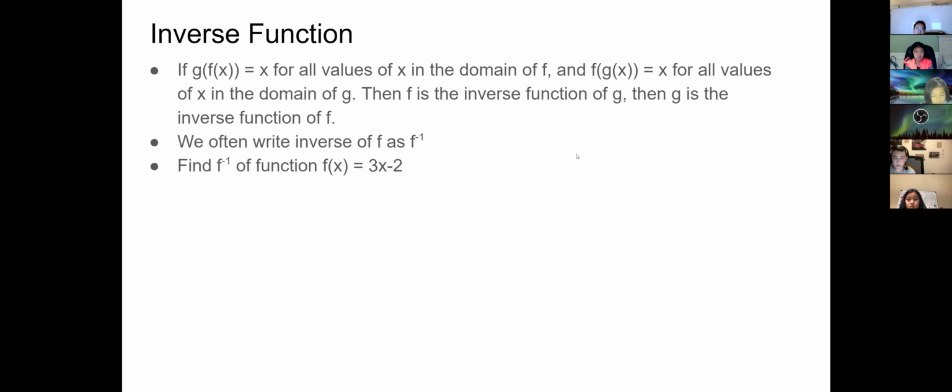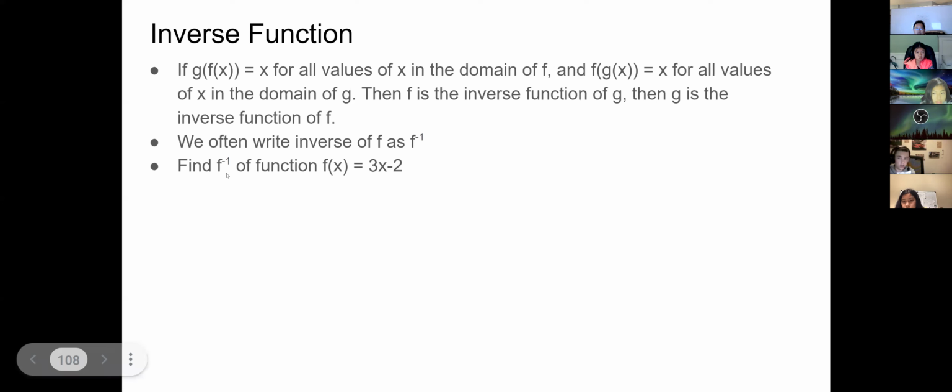Okay, it's a little bit confusing this way, but let's just solve this. We often write the inverse of f as f inverse, with -1 up here.